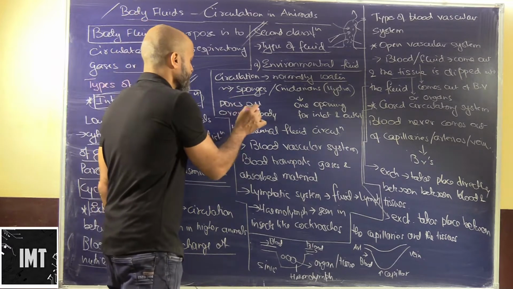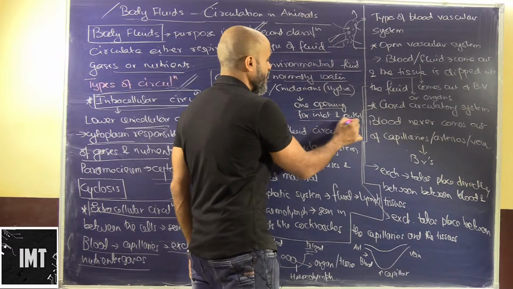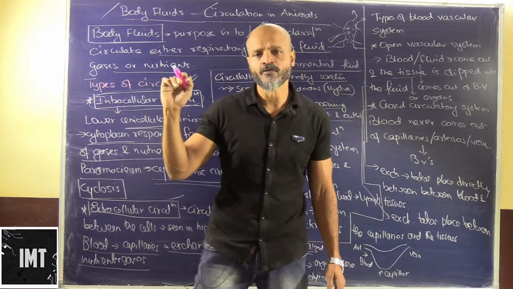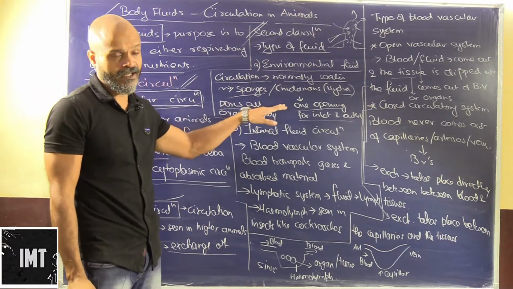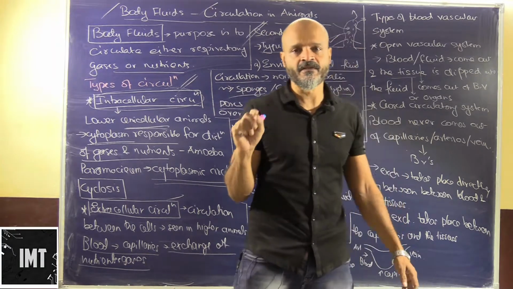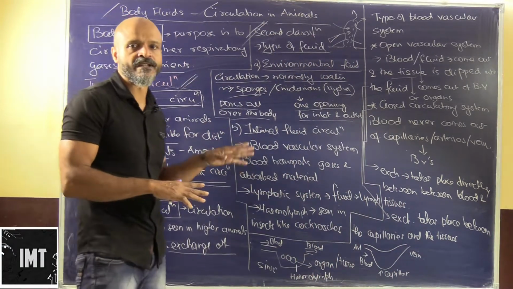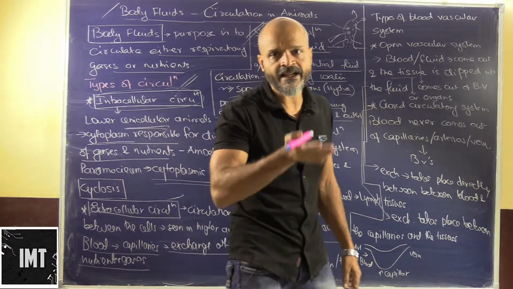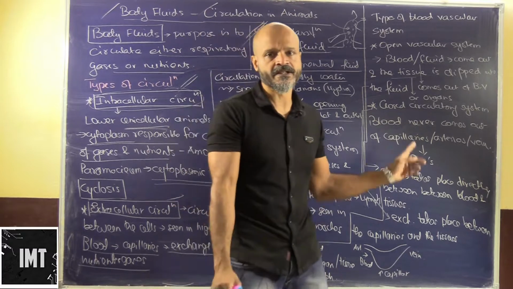So sponges, they have pores all over the body, and mammalians like Hydra, they have one opening for both inlet and outlet. We have already studied these things in animal classification. So this is basically the environmental fluid which is involved. So here they do not have blood, they do not have cytoplasmic interference, they just have an environmental external fluid which is taking care of the circulation that is required.